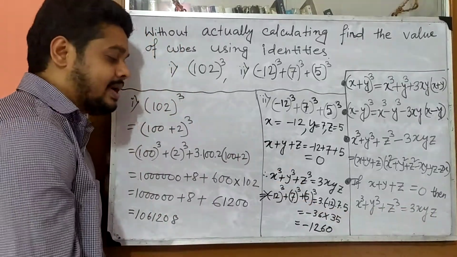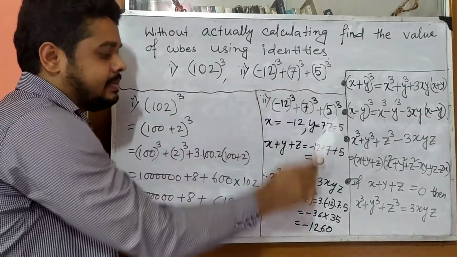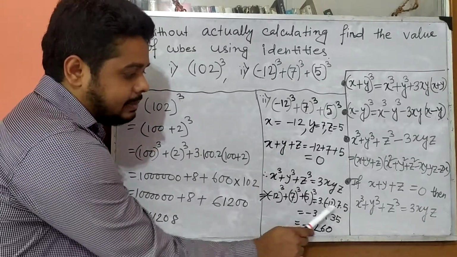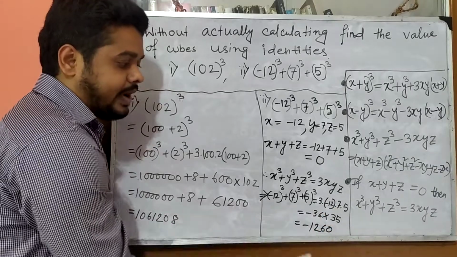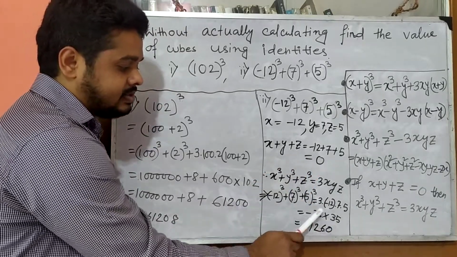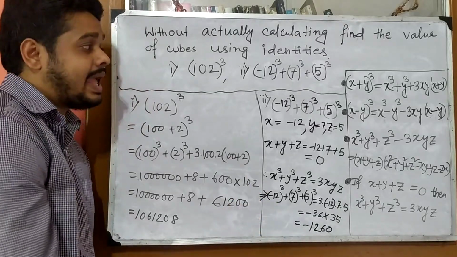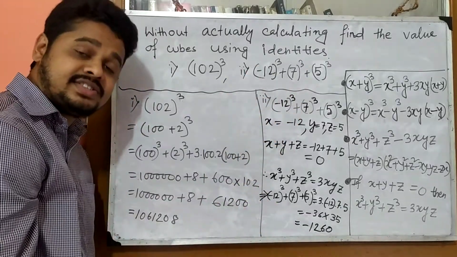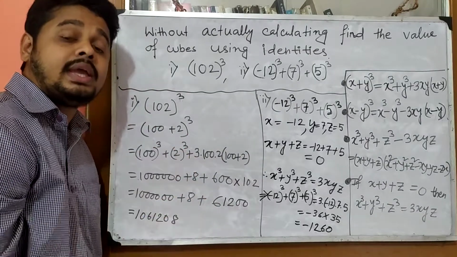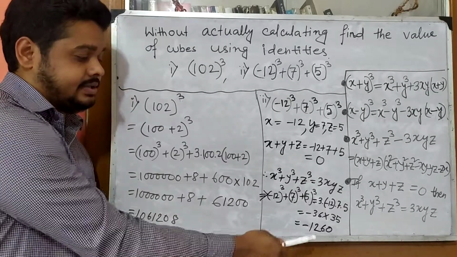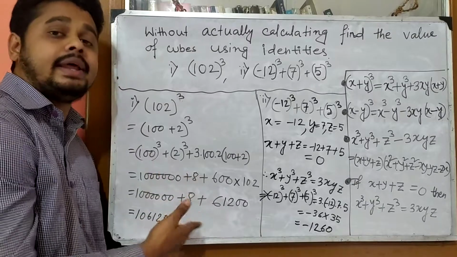Here x means minus 12, y means 7 and z means 5. Simply multiplying all these numbers, 3 into minus 12 is minus 36, 7 into 5 is 35. After multiplying 36 into 35 we can get the result. As the sum of these three numbers is 0, that's why the sum of their cubes will be equal to 3xyz. Okay, let's go for the next problem.